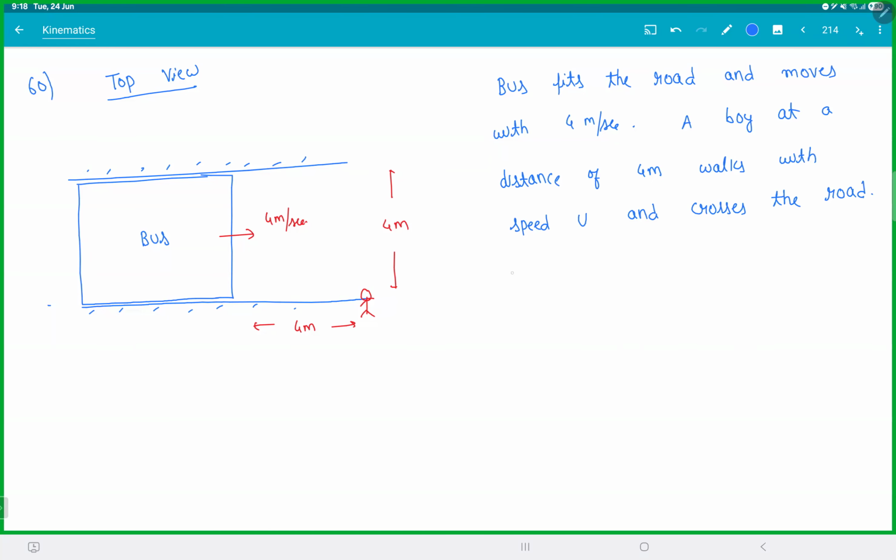Find u minimum so that he crosses the road safely. I want minimum speed. You go however you want, but I want you to go with the least speed.